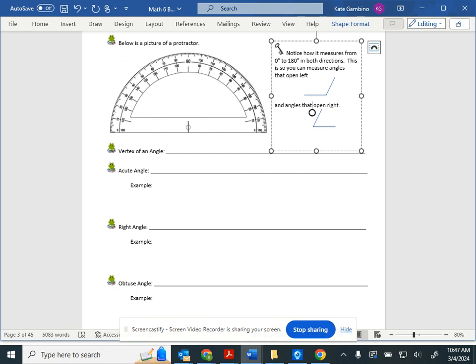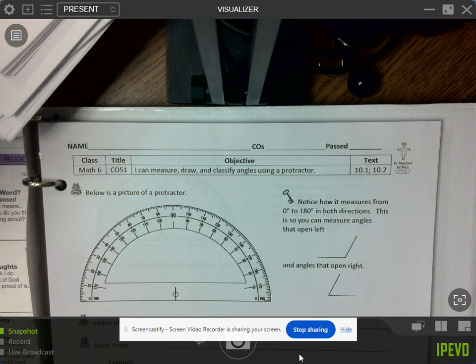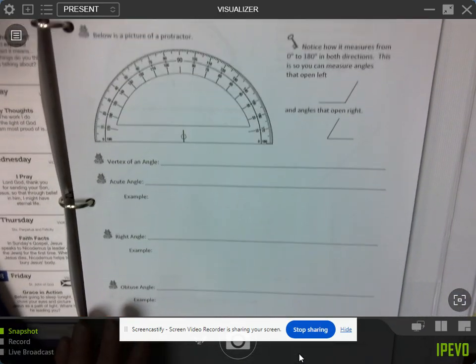Layla, can you go get me one of the small protractors from the back so I can show it on the document camera? So I am shifting gears from doing it on the board with the smartboard to doing the document camera.